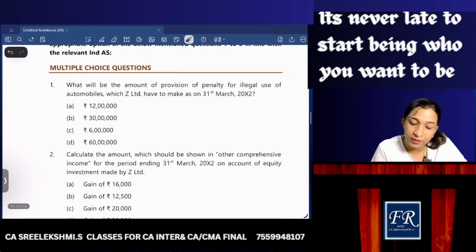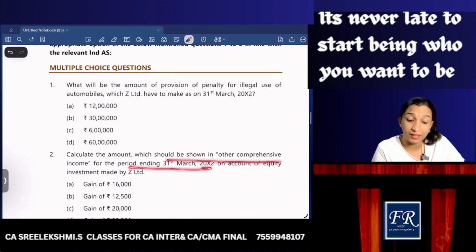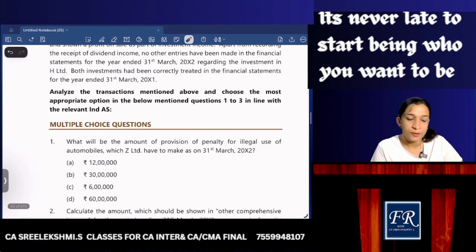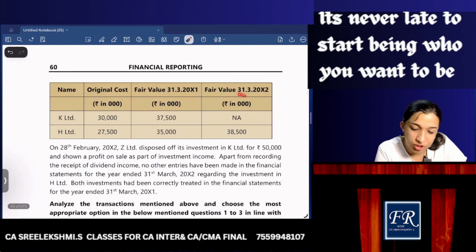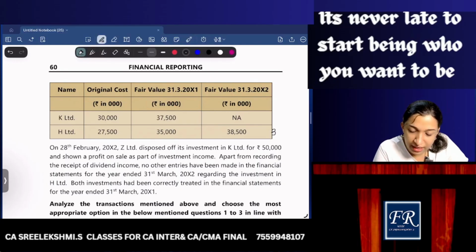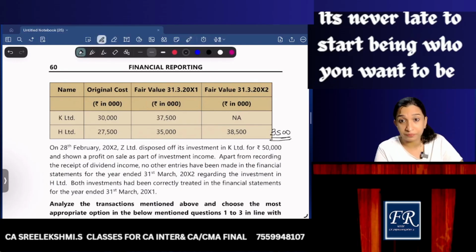Calculate the amount which should be shown in OCI for the period ending 31st March on account of equity investment. During this 31st March 12, there is a gain of 38,500 minus 35,000, 3,500 gain. And also this is sold for 50,000, so 50,000 minus 37,500, 12,500.